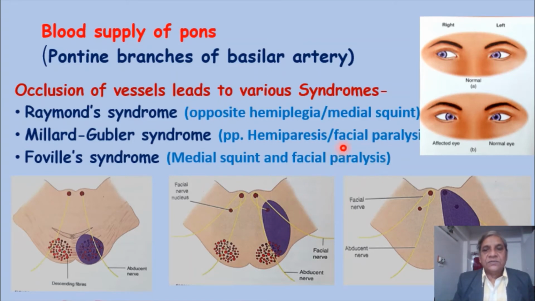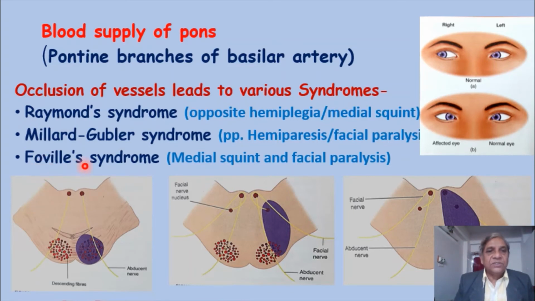It also affects the lateral rectus muscle, because the abducent nerve is involved along with the facial nerve, so the eye may deviate towards the medial side.